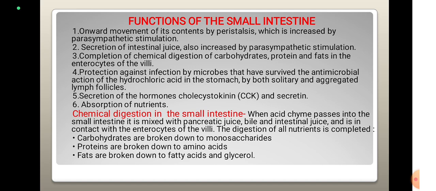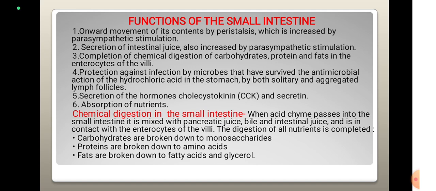Fourth, protection against infection by microbes that have survived the antimicrobial action of the hydrochloric acid in the stomach, by both solitary and aggregated lymph follicles. Fifth, secretion of hormones cholecystokinin and secretin. Sixth, absorption of nutrients.